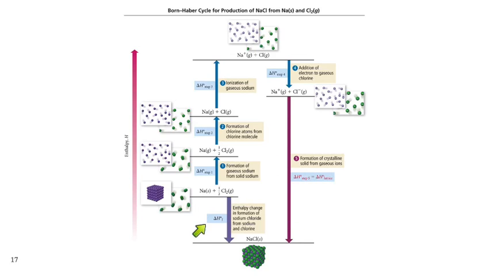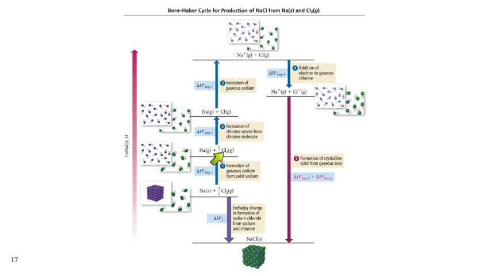So what we're going to do is we're going to make this happen in a series of steps. So we're going to take sodium, solid, and make it into sodium in the gas state. And that's the formation of gaseous sodium from solid sodium, and that can be measured.